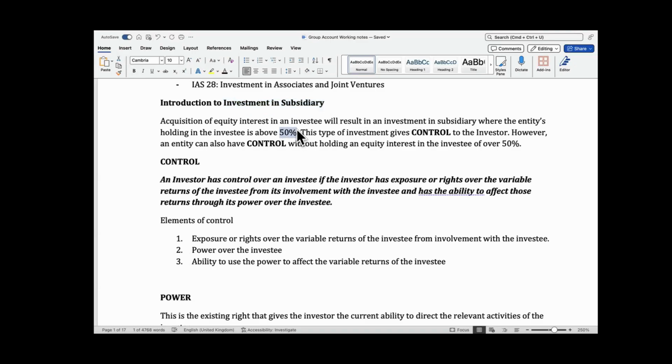So if I buy shares in another company, which is an investee, and my holding is above 50%, my investment is described as investment in subsidiary. This type of investment gives the investor what we call control. And I gave an important caution that control can also happen even without having over 50% holding. It's possible, and I gave you an example of a $10.